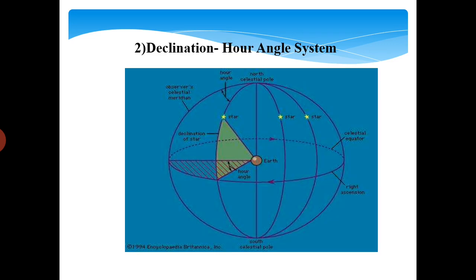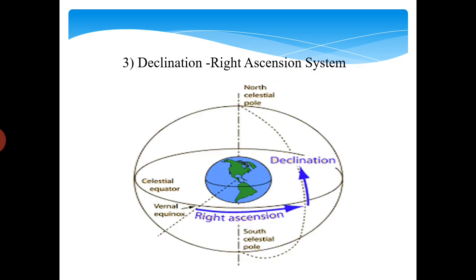Next, we can determine the position of the star by measuring the declination angle and the hour angle. And third, we can determine the position of any point by measuring the declination and the right ascension. I hope you have understood this third chapter, that is field astronomy.